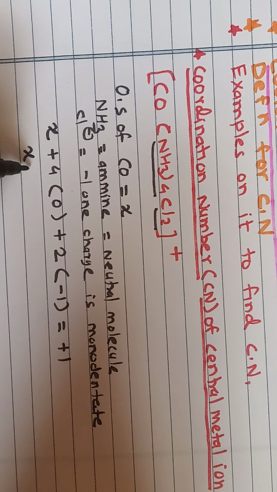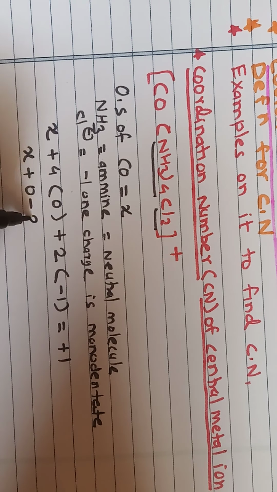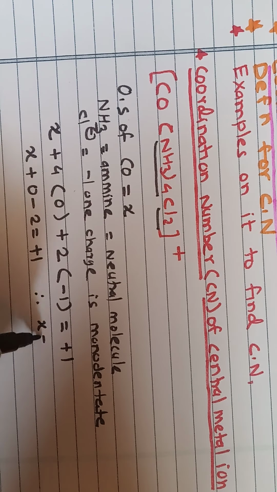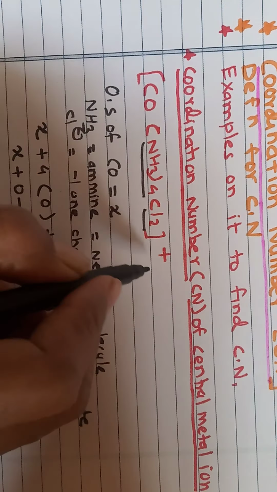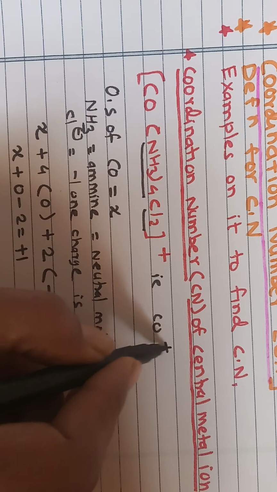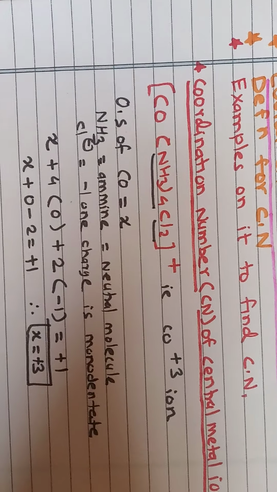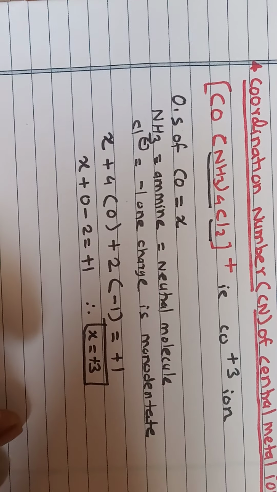So X plus 0 minus 2 equals plus 1. Therefore X is equal to +3. This is the oxidation number of the cobalt. So in this complex, it is clear cobalt is a +3 ion. Now we have to find out the coordination number of the cobalt +3 ion.